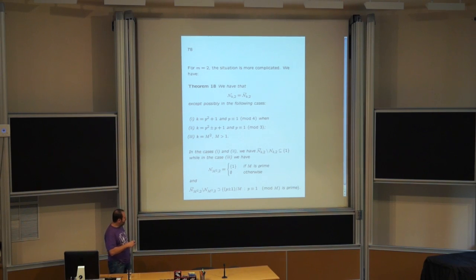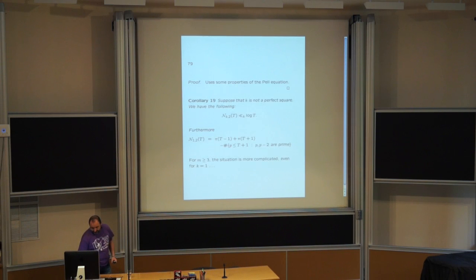So for these primes, let me say it again. You have a value of n which satisfies the arithmetic conditions, but for which you cannot find a curve in F_p^m. So this difference is reasonably large. And the proof uses some property of the Pell equation and some other things.